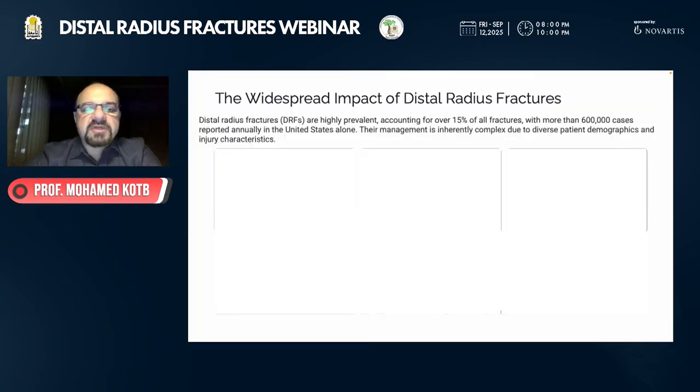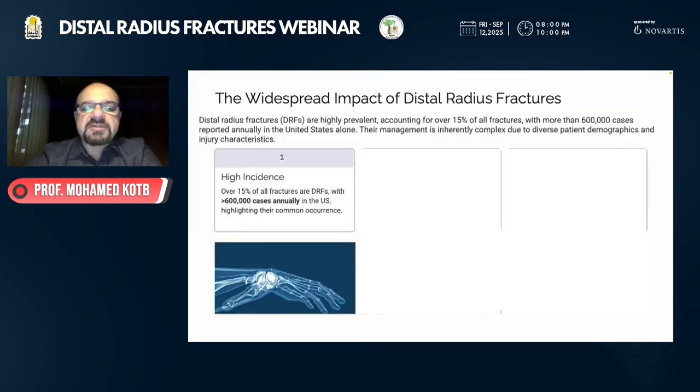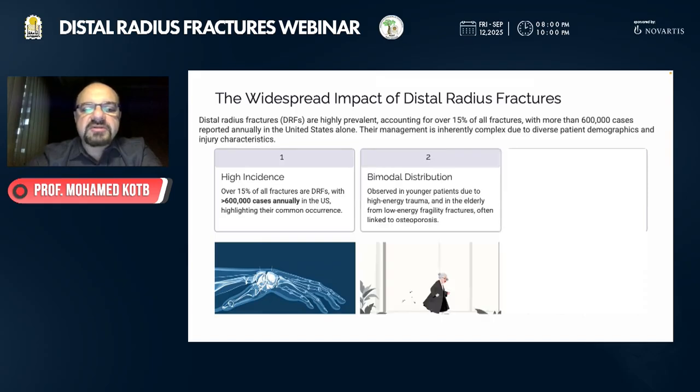So the widespread impact of distal radius fracture: number one is high incidence, as stated by Dr. Omar, over 15% of all fractures, which accounts for more than 600,000 cases annually in the US.